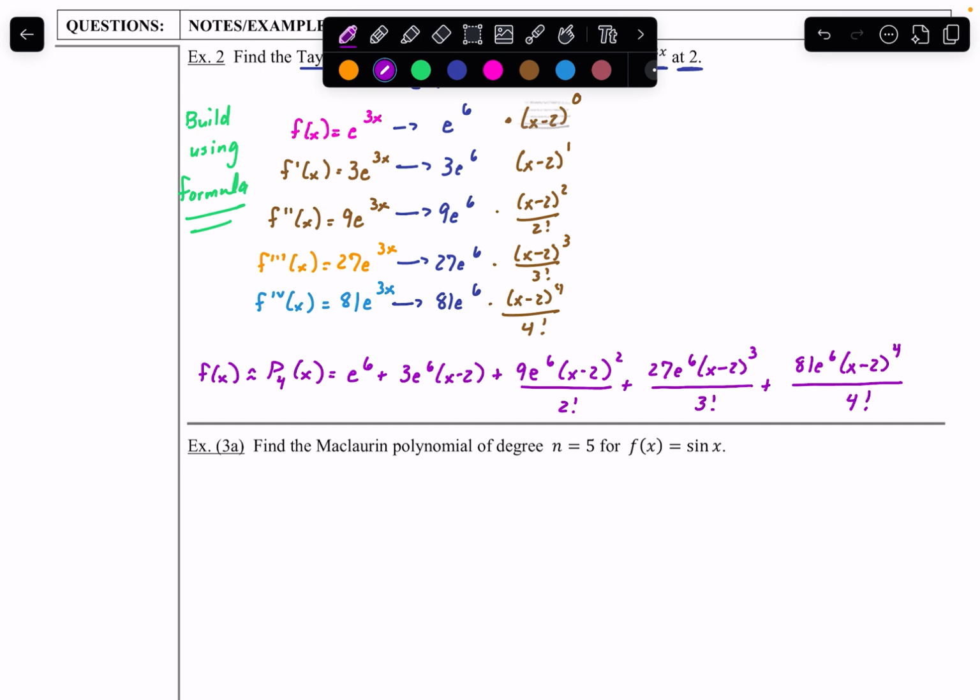All right. I do want to make a note to the side. So sometimes reducing factorials is convenient, but not required.